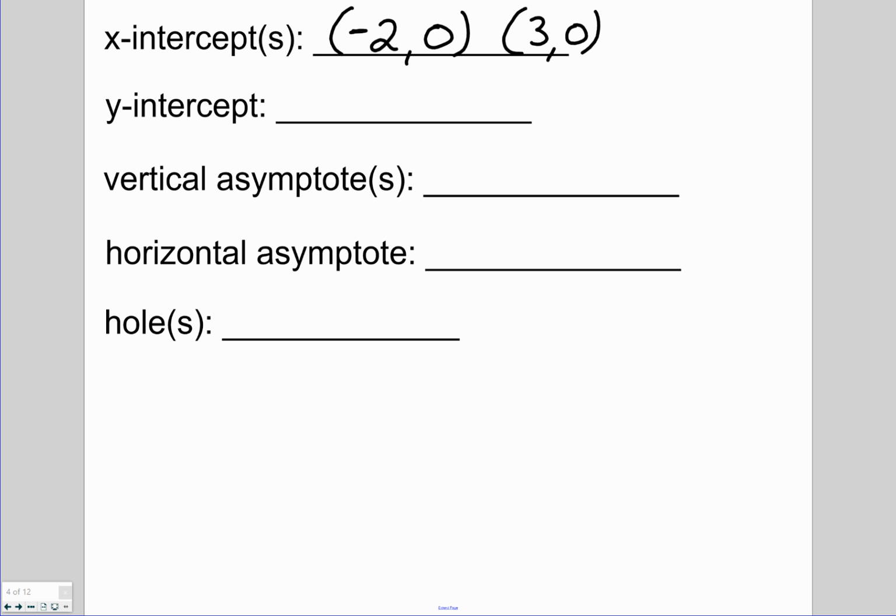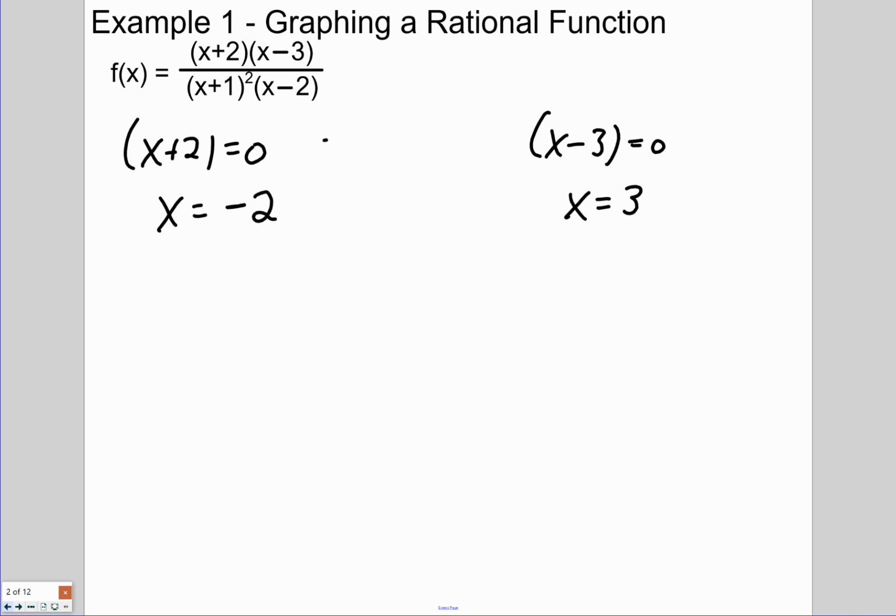My fault, I'm sorry. Yes, the numerator, Pablo. What makes the numerator 0? Questions on x-intercepts? Yes, the numerator. Yes, of course. Let's find the y-intercept.